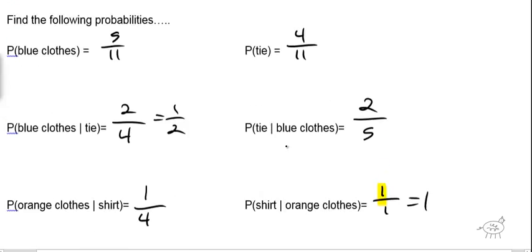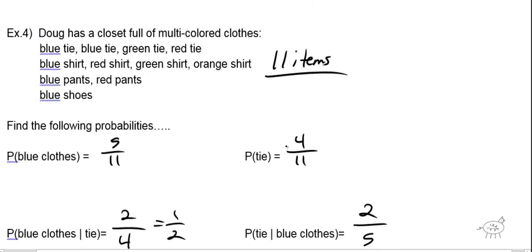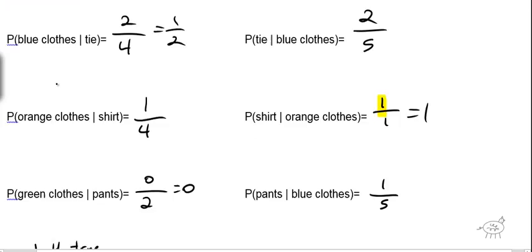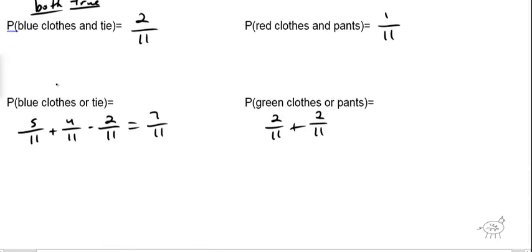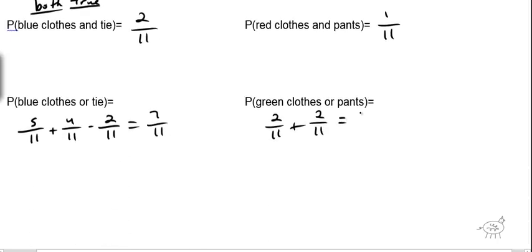I don't have any green pants; my only pants are blue and red. So there's no overlap, and it's equal to 4/11. The previous one had an overlap because of the blue ties, and this one has no overlap.